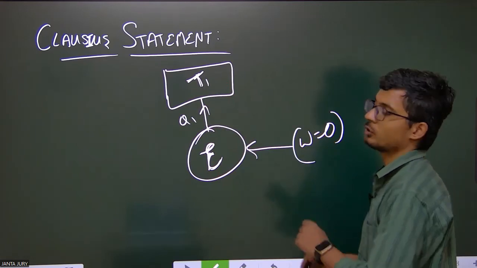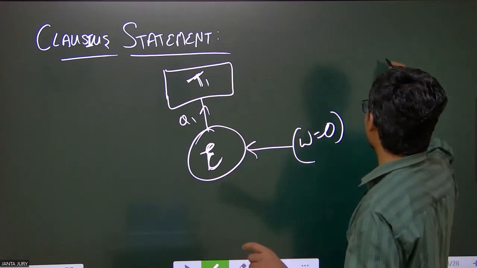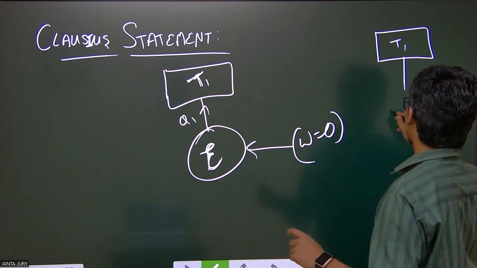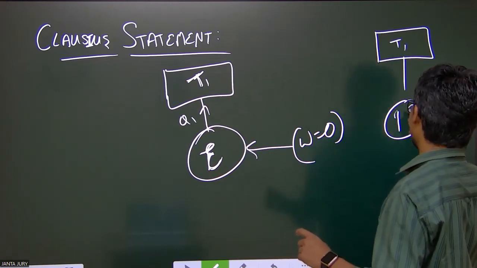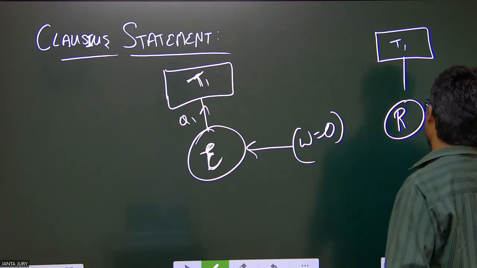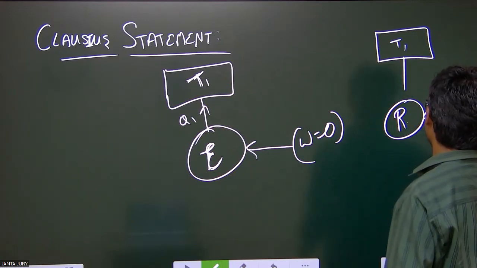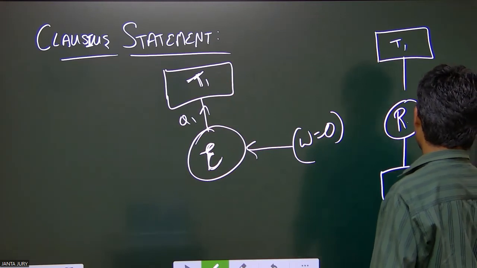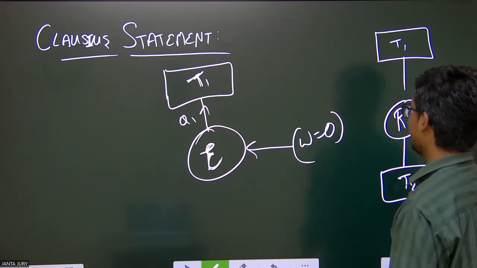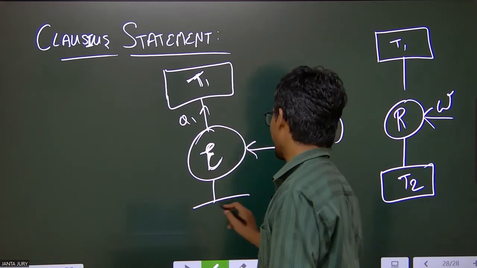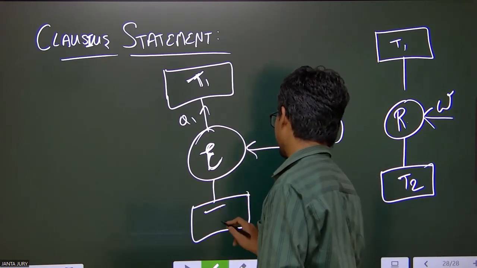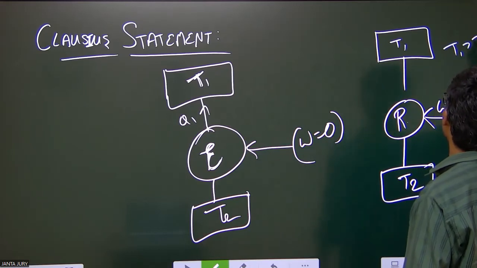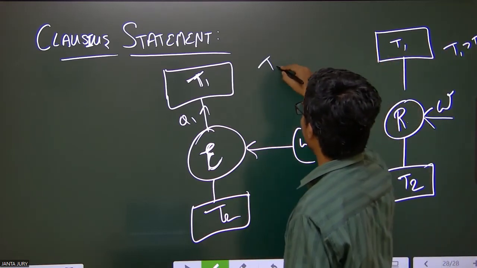So to have a working body, we need a refrigerator which absorbs some heat while exchanging heat between the two temperatures. Here T1 is greater than T2.